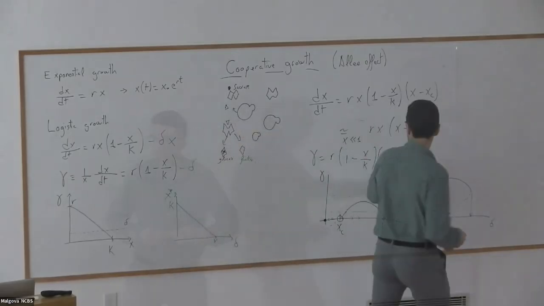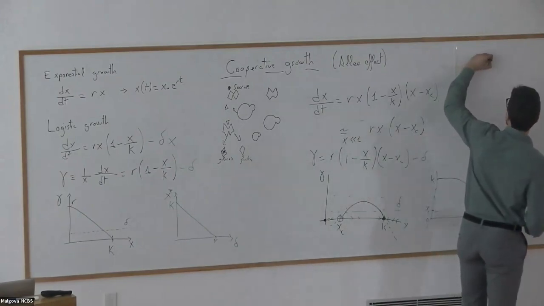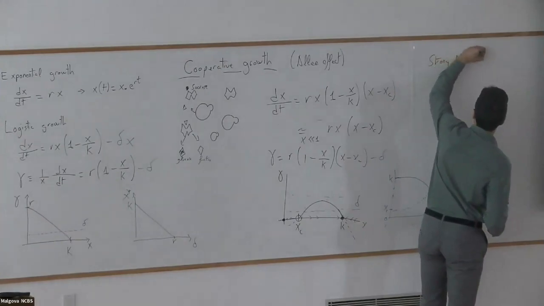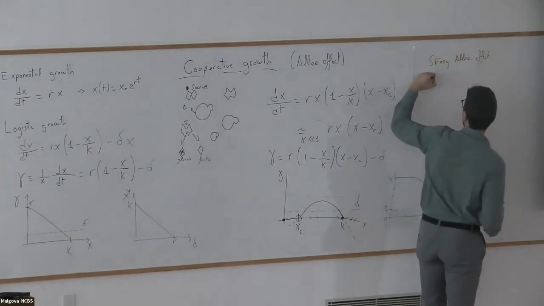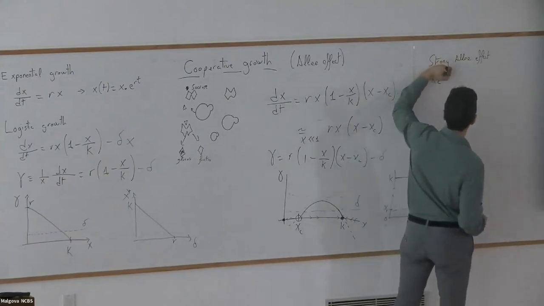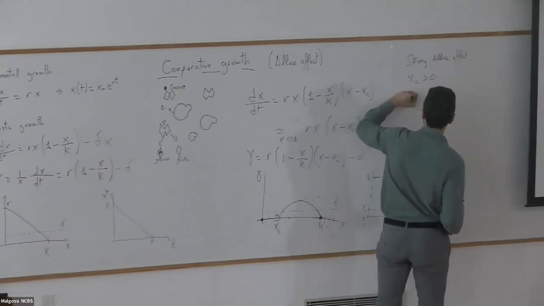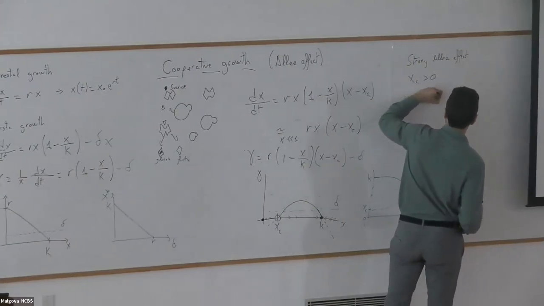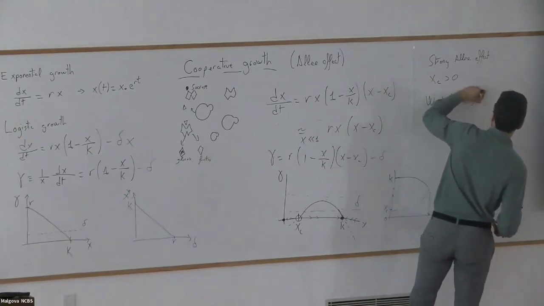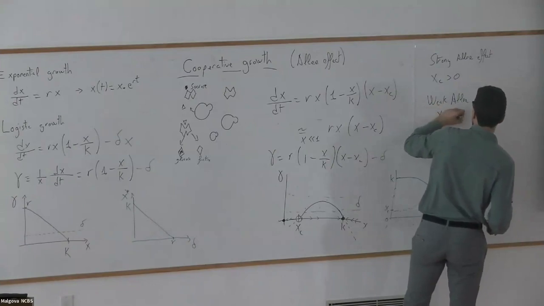So for a strong Allee effect, the critical abundance is larger than 0. And for a weak Allee effect, this is lower than 0.